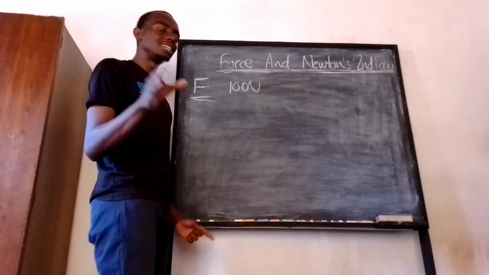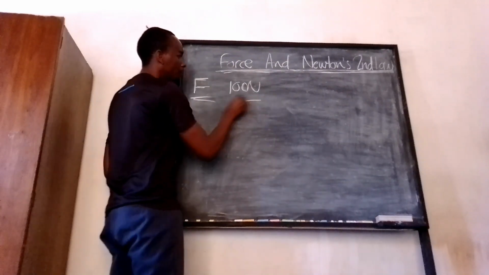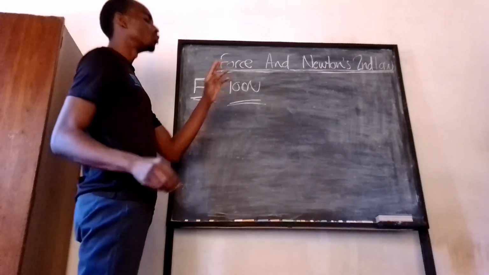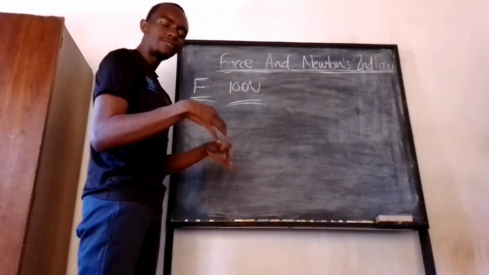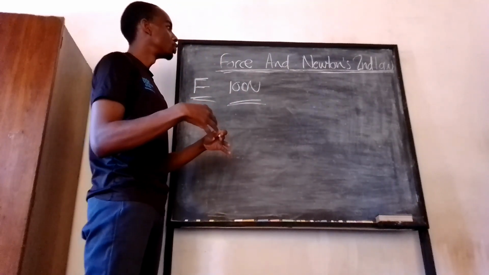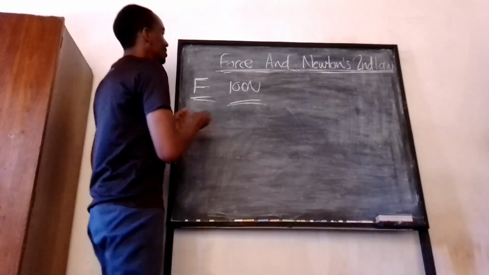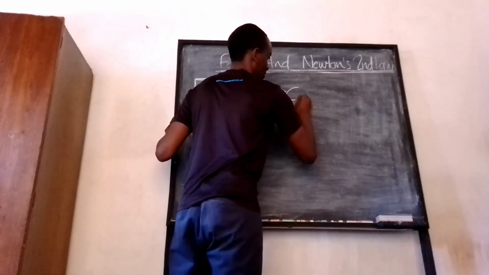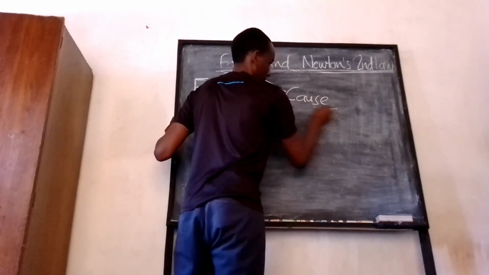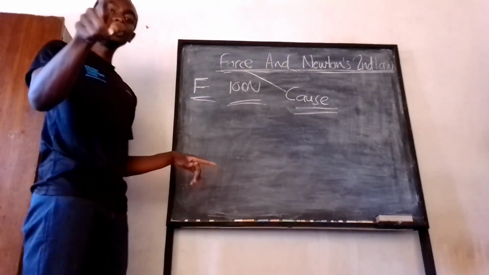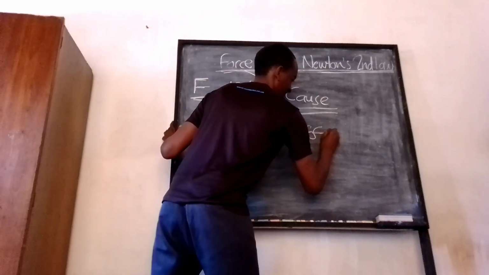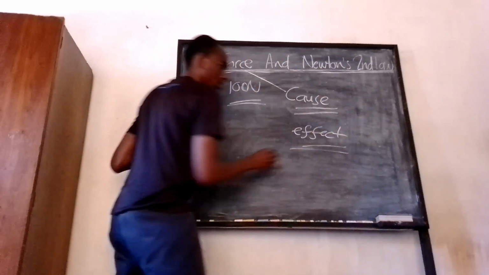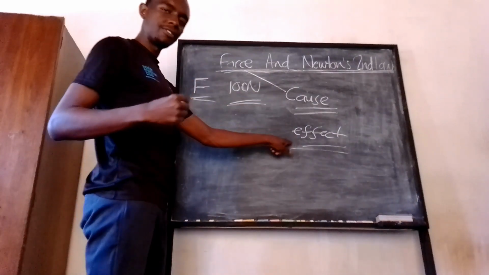What then can we measure? What would we be measuring when we say we've got a force of 100 newtons? What we are measuring is the effect of force. So what am I saying? Force is a cause. What we measure is the effect. Remember, cause and effect.